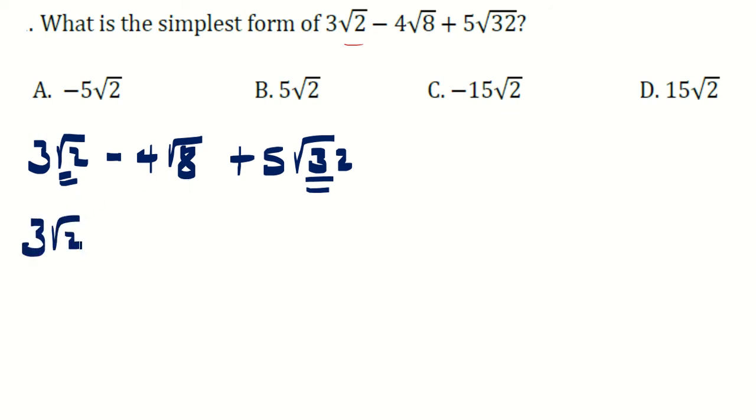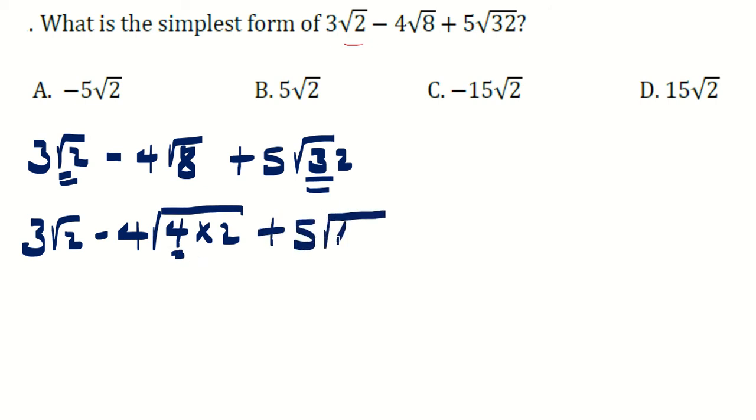3 root 2 minus 4 times radical 8, which means 4 times 2. We can write it this way because we know 4 is a perfect square number. Plus 5 square root of 32, which means 16 times 2. We can express each of the numbers as a product of one perfect square and another that is not. 4 is a perfect square, and from 32 there is a perfect square which is 16.